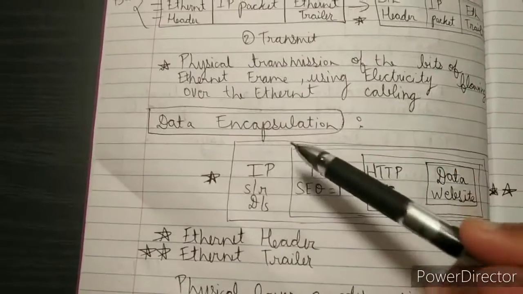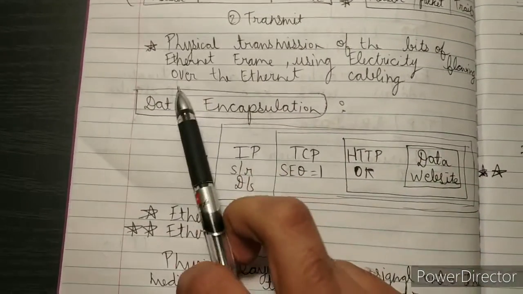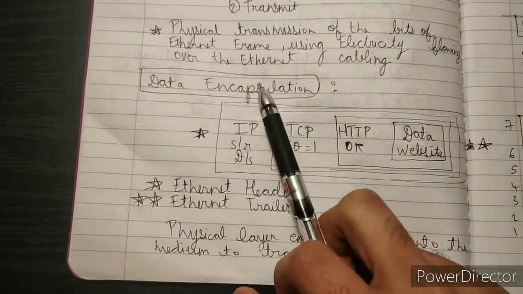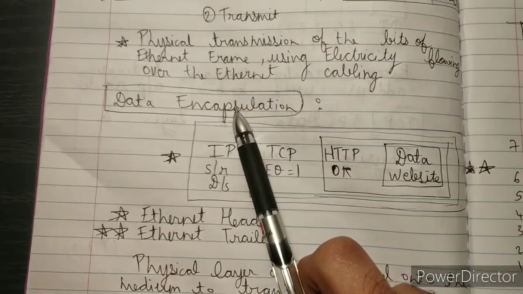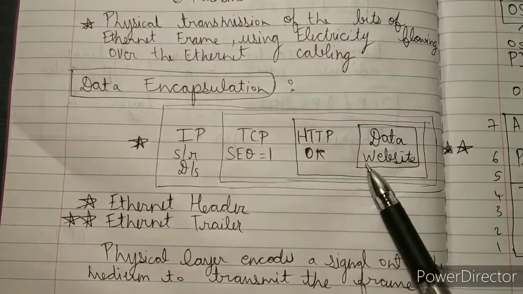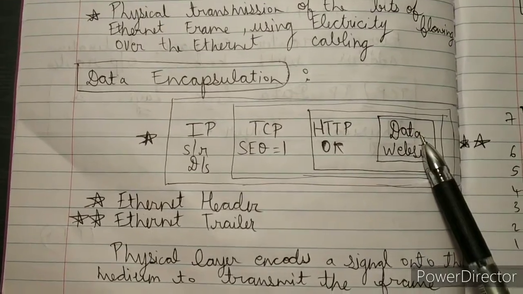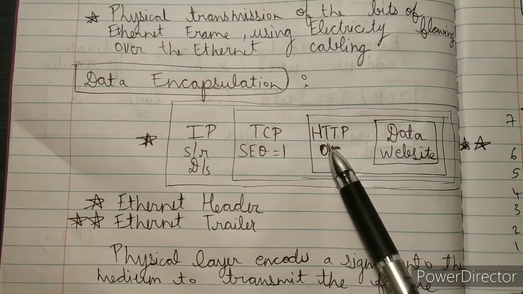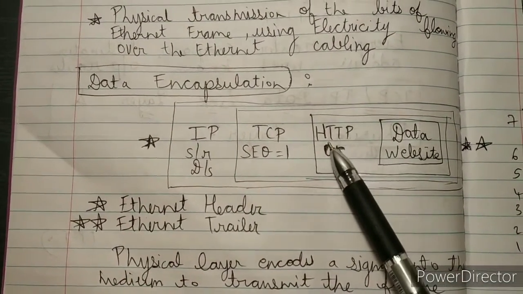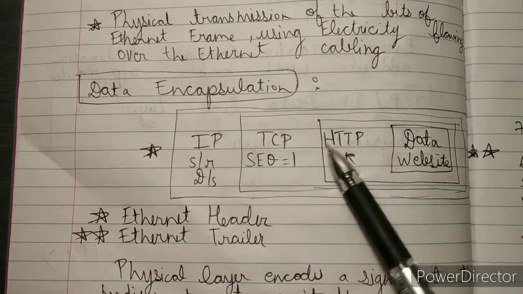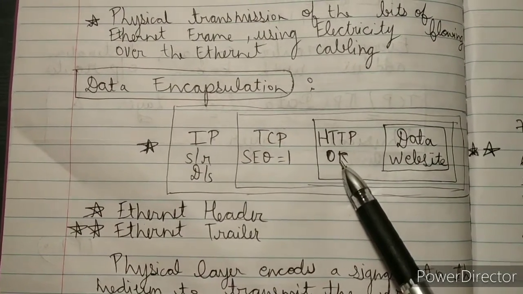Now one more thing which we need to know is how the entire data encapsulation process occurs. First you have the data, which gets encapsulated by the application layer process into HTTP, and it has the OK message.